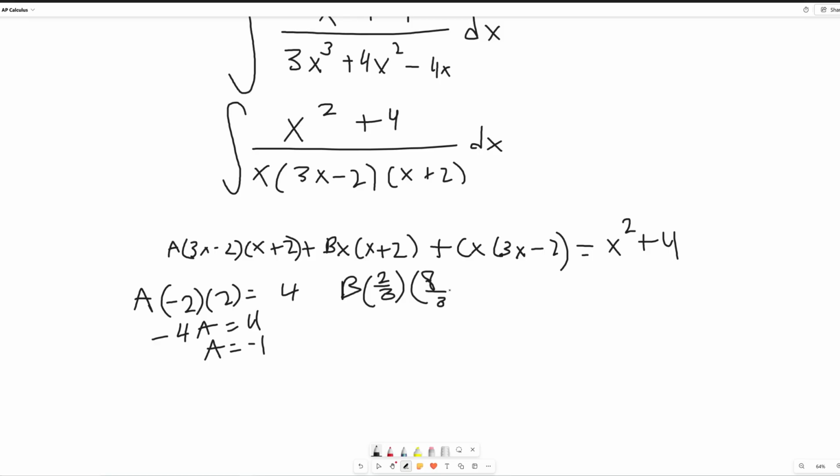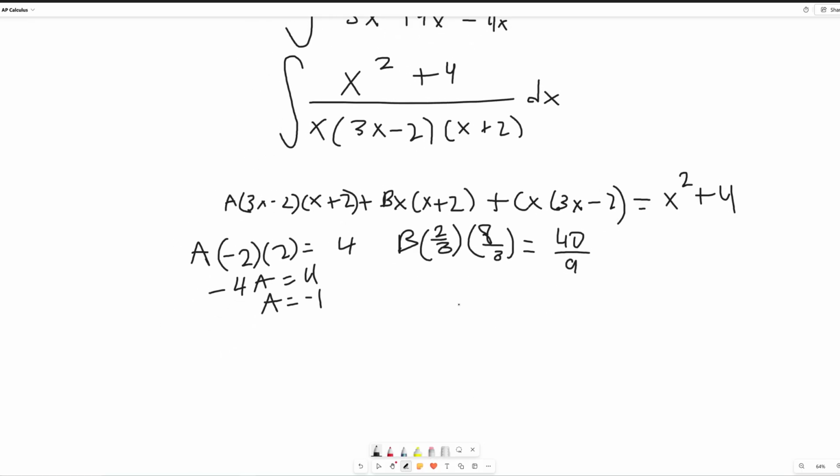So times 8/3 equals 2/3 squared is 4/9 plus 4. So 4/9 plus 4 is 40/9. Okay, now we have b times 16/9 equals 40/9. Now times both sides by 9/16 to cross this out. And then you end up getting 40/16, which simplifies to 5/2.